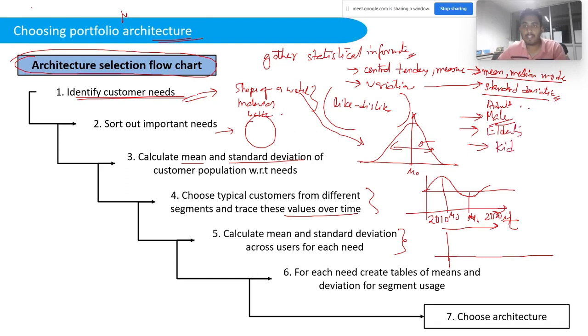So with three different customer segments, you now want to understand what the values of mu and sigma are for each of the segments.